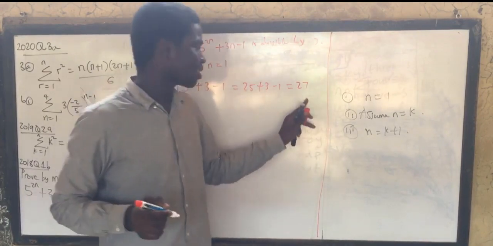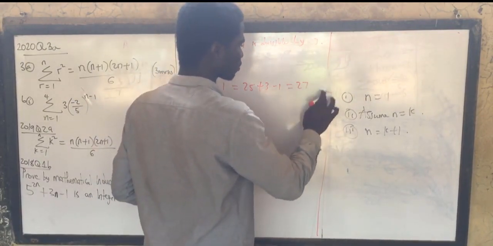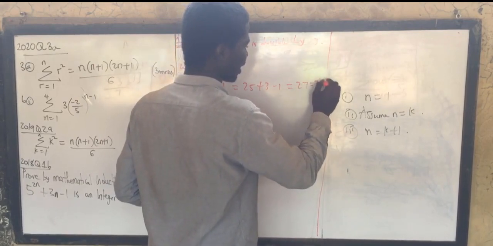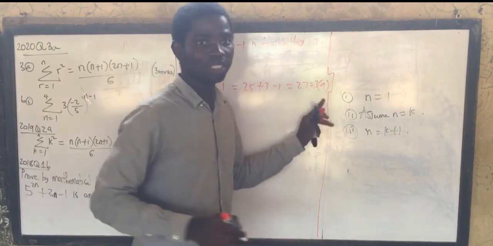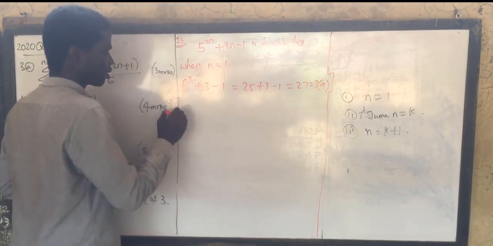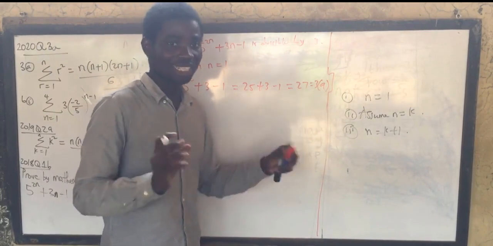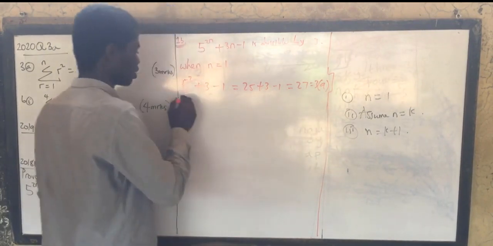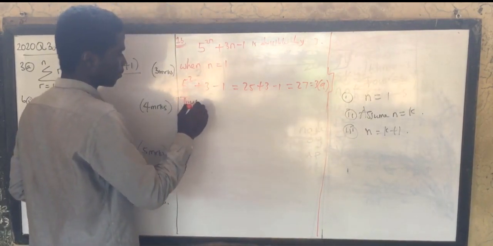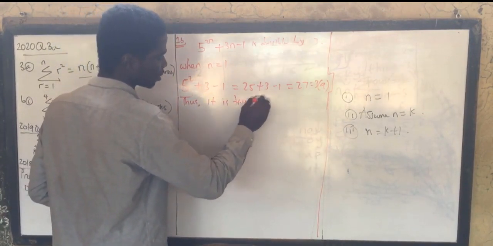In fact, you can see 3 can divide 27. This is the same thing as 3 multiplied by 9, which is 27. Obviously, once I factorize 3 out of a number, you can see that 3 can divide it. So thus, it is true for n equal 1. That is, 3 can divide it.